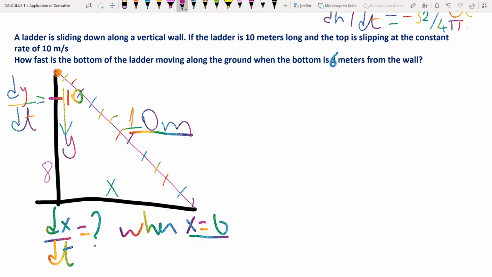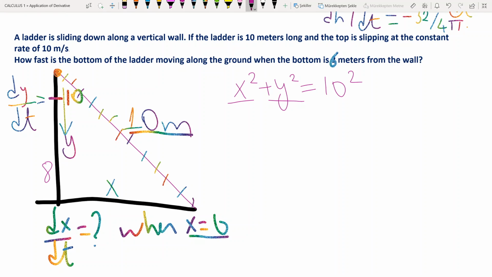What is the related equation of this problem? The relevant equation is the Pythagorean theorem, which is a squared plus b squared is equal to c squared. In our case, x squared plus y squared is equal to 10 squared. Do not forget that y and x are functions of time.